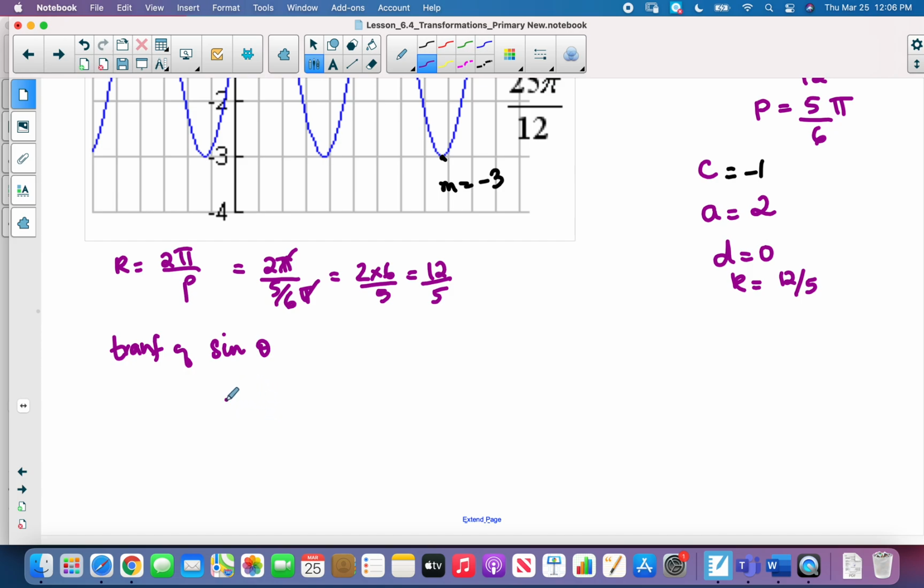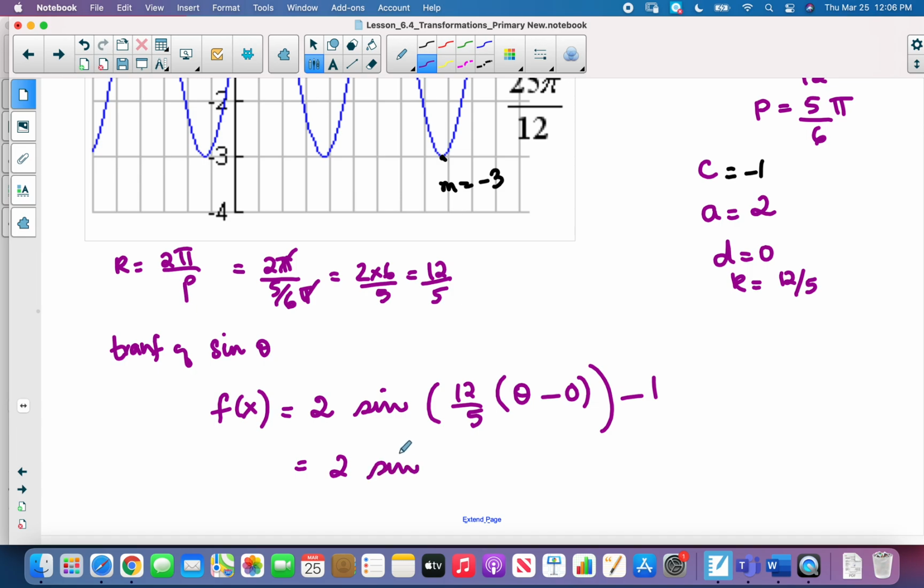And so it's going to be f of x, or y, equals 2 times sine 12 over 5 theta minus 0 plus minus 1. Or I can write this as 2 sine 12 over 5 theta minus 1.